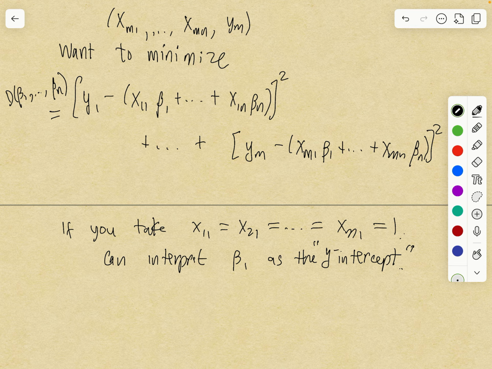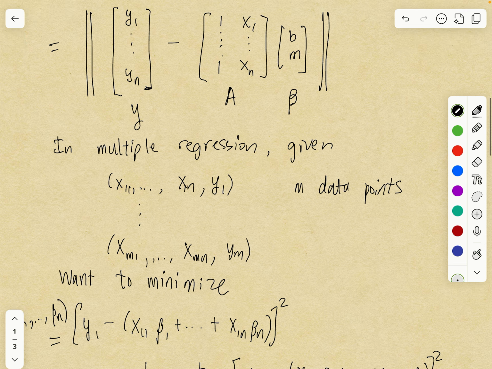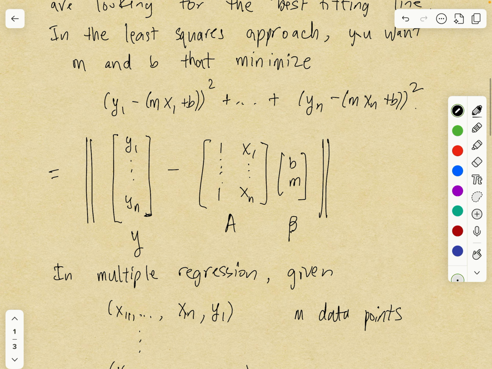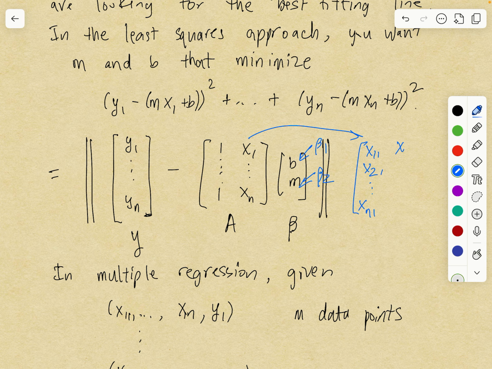Okay, so how does this connect with what we had before? Just to connect it with what we had before, b would be our beta 1, m would be our beta 2, and this A is your x11, x21 to xm1, x12, x22, all the way to xm2.